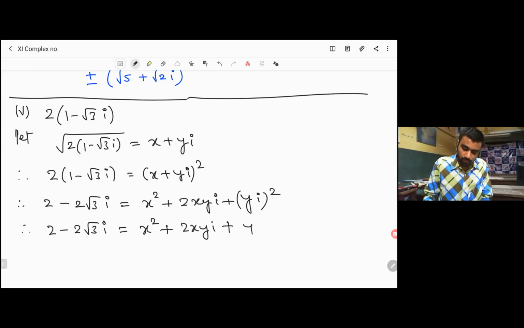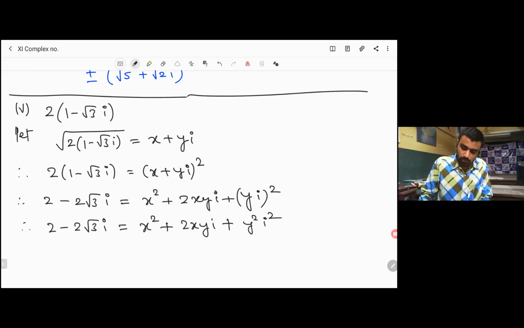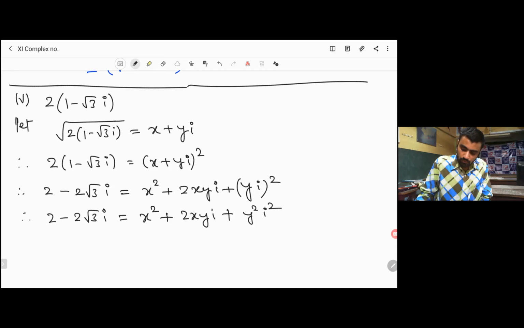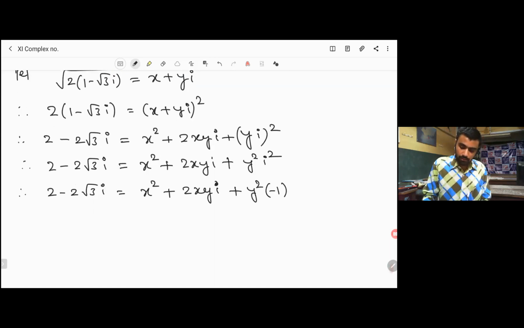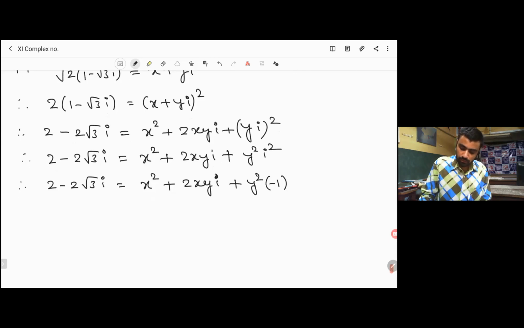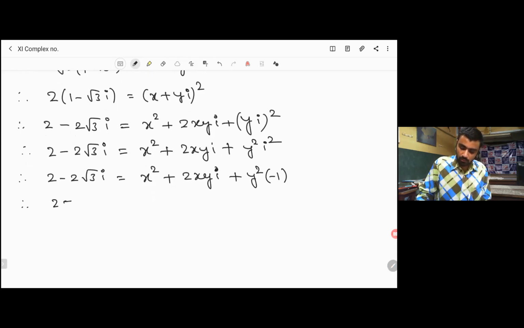I square के जगह पे -1, and this will be 2 minus 2 root 3i is equal to x square minus y square. I am keeping this x square as a real term together, plus 2xyi, imaginary term separate.